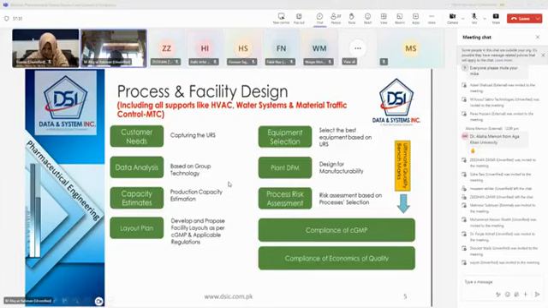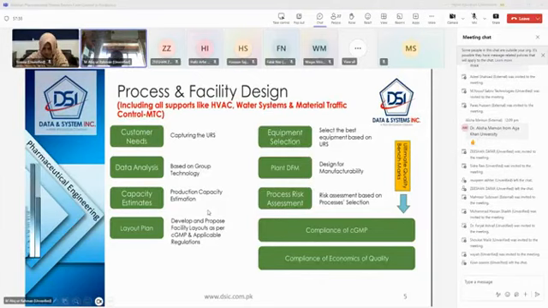But in the US, it's 21 CFR, a release of the FDA. Or in India, we are following Schedule M. So these are all regulatory standards, and it depends upon where the plant is situated. So you have to follow the local regulatory standards and those of the markets you are targeting.